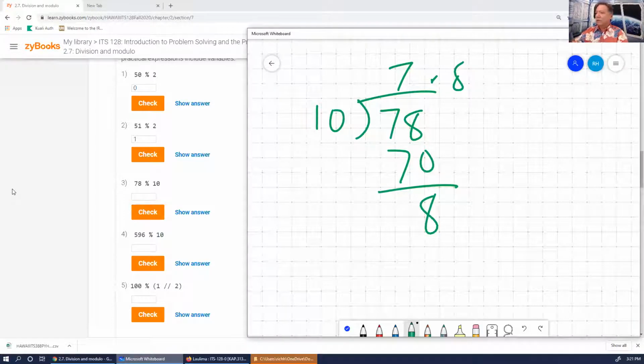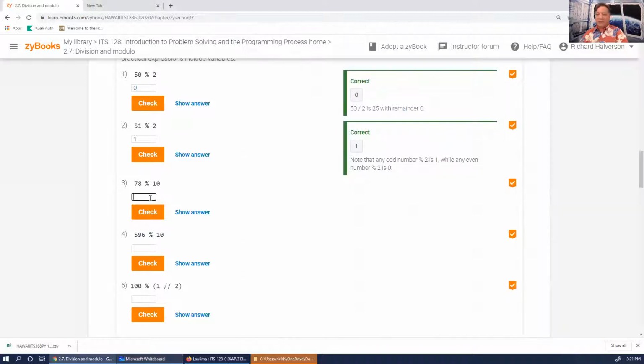And you see a pattern. It's actually just the lowest order digit. It's always just the lowest order digit. So this one is 8, and this one is going to be 6. It's always the lowest order digit.